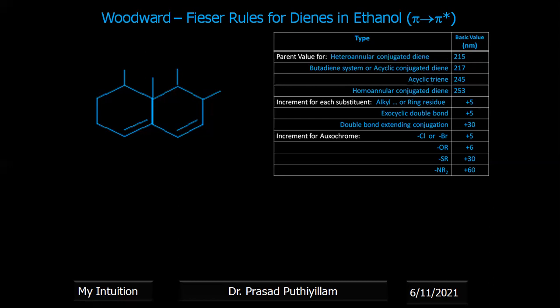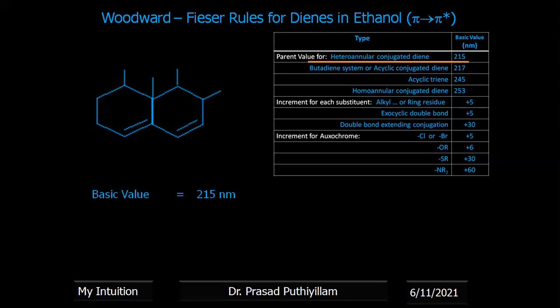Okay, so another ring structure is given. Here it is a double bond in the ring. Okay, it is fused also. What I said, therefore, it is a heteroannular conjugated diene system, and there are many alkyl substitutions present. But whether they will be considered in our +5 value, that we'll check. Okay, so base value is 215.